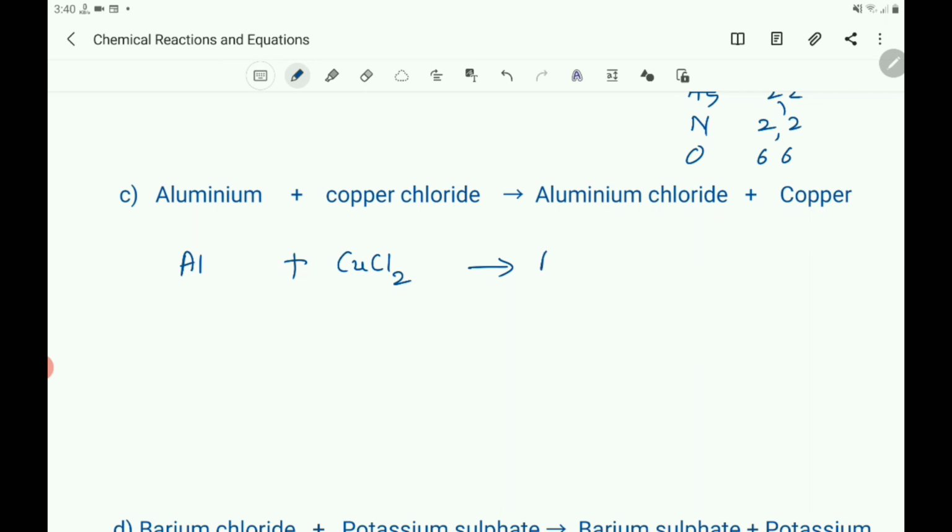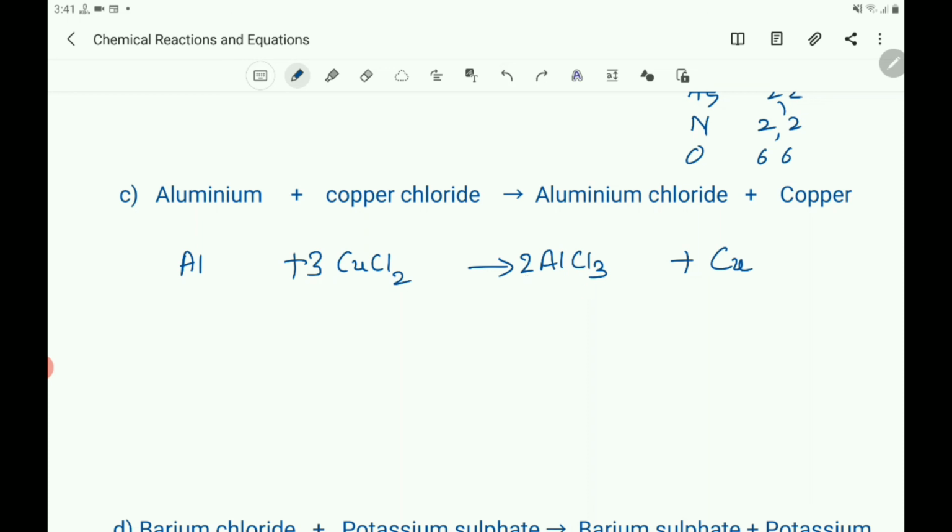Molecular formula of aluminium chloride is AlCl3, plus copper is an element. Its symbol is Cu. Now you balance it. Cl3 is there, Cl2 is there, 3 2s are 6. You multiply it by 3, and this by 2. So you got 3 2s are and 2 3s are.